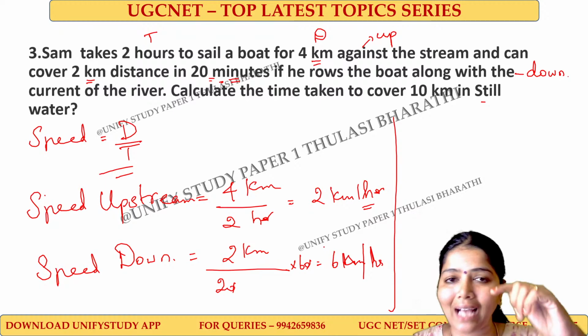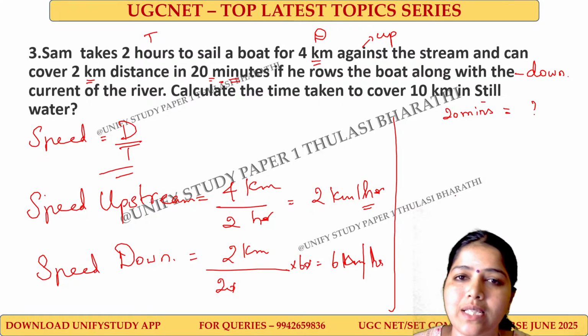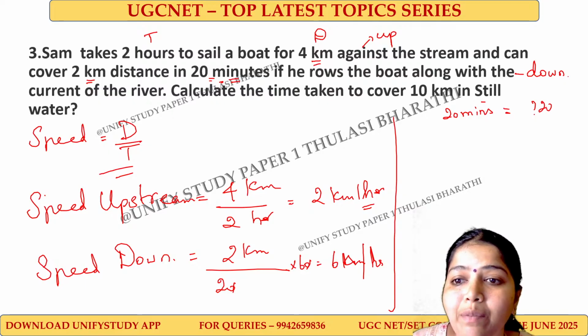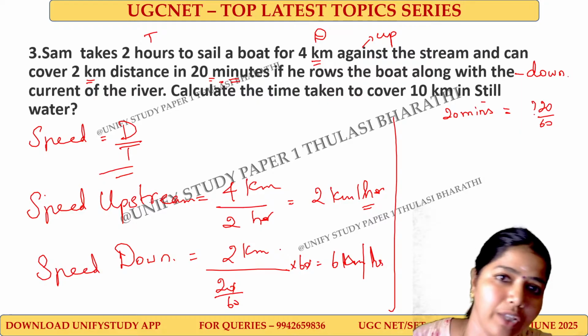Radha ma'am, see here. I have 20 minutes. How many hours is it? I have to divide it by 60, right? So when I put divided by 60, it goes to the numerator.